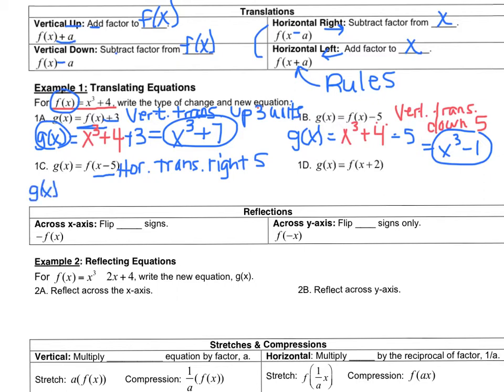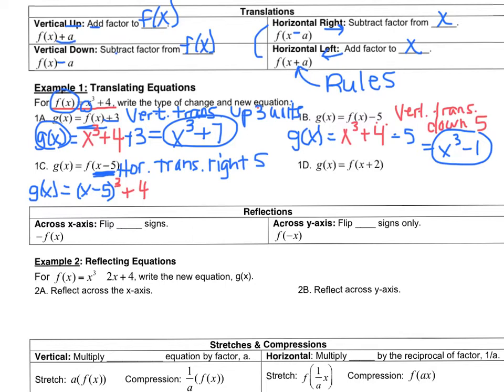We'll say g of x equals, and now we're going to write the normal equation, but right next to the x, we're going to write minus 5 next to it. So I can see the very first part of the equation is x to the third. So I'm going to write x minus 5 to the third, and then keep writing the rest of the equation plus 4. We actually don't need to do anything to simplify that because that's in vertex form, and that is an okay way to leave your final answer.